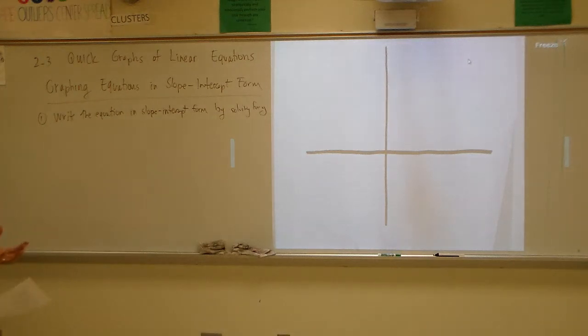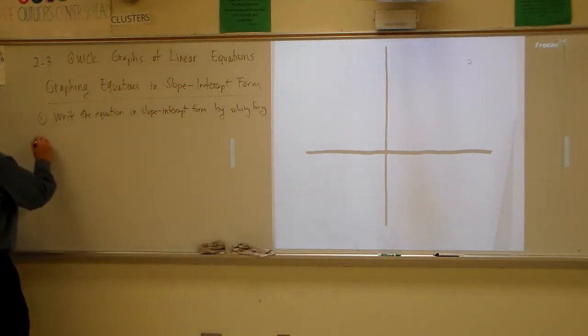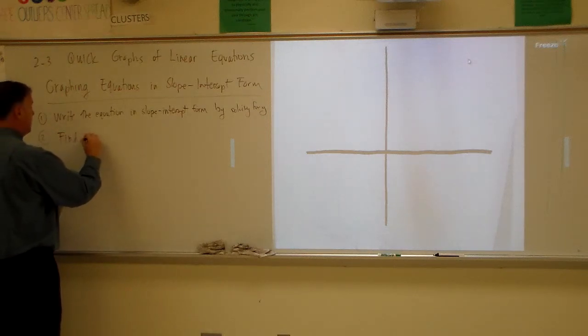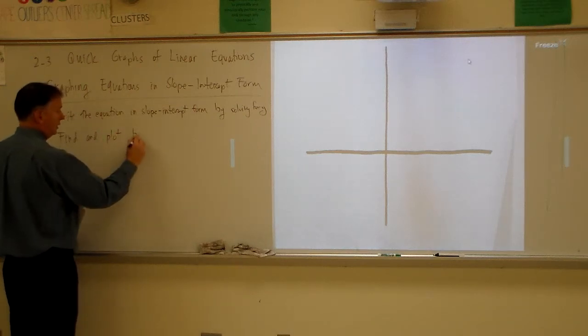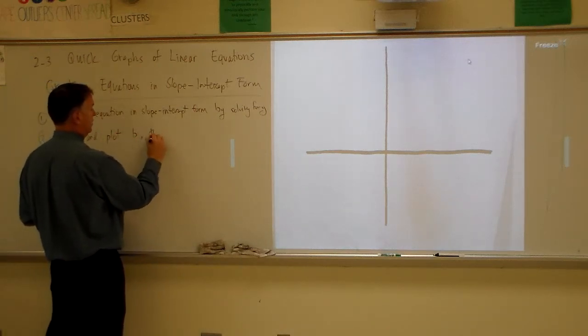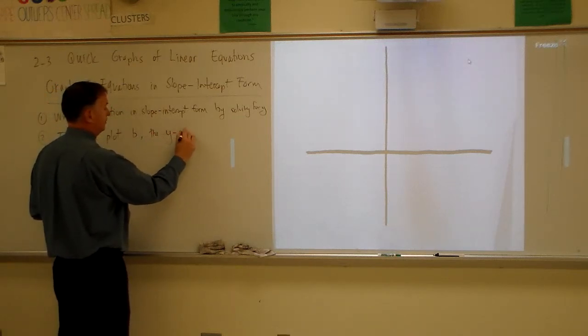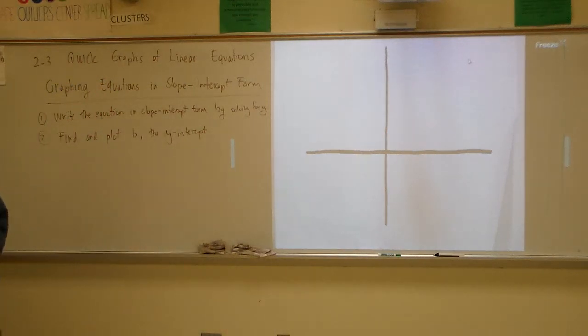When you solve for y, it's in what's called slope-intercept form. Step 2, find and plot b, which is the y-intercept. Okay, find and plot b, which is your y-intercept.